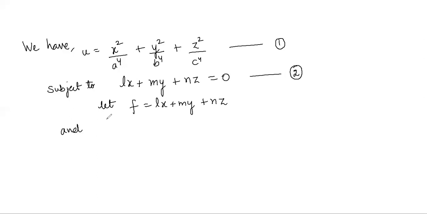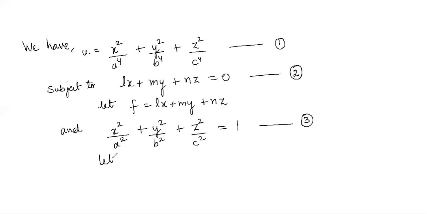And another condition is x square upon a square plus y square upon b square plus z square upon c square equal to 1. Let us name this as equation 3, and let g be x square upon a square plus y square upon b square plus z square upon c square minus 1.